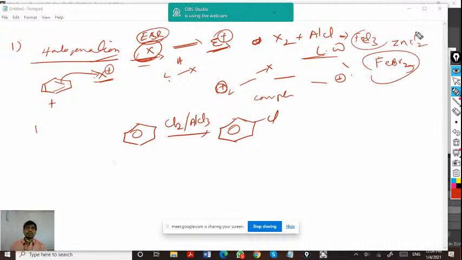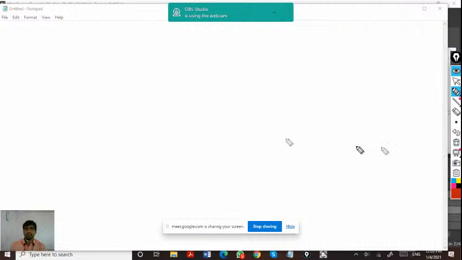These all are Lewis acids, so note down all the Lewis acids. Whatever the Lewis acid may be, it is going to give the electrophiles only. So try to write the products of the halogenation.